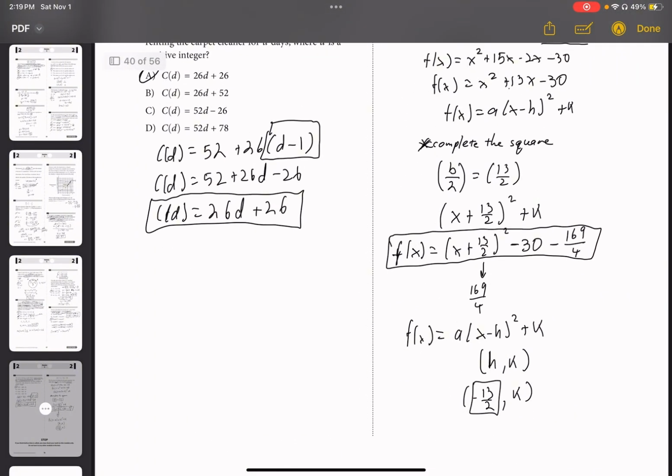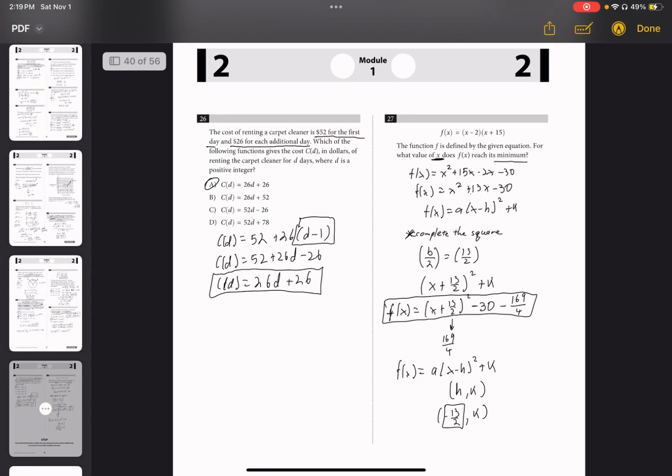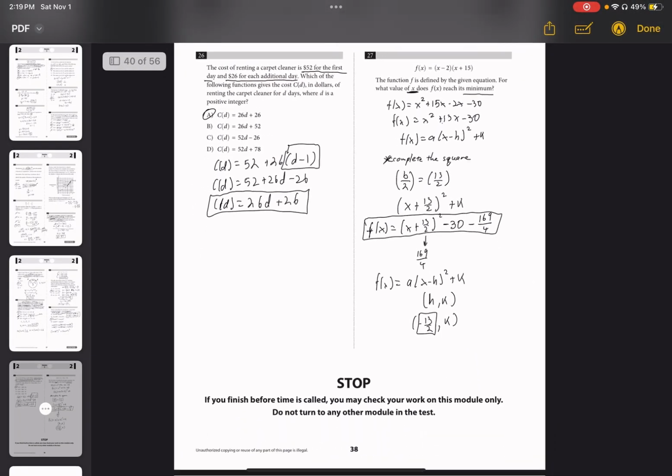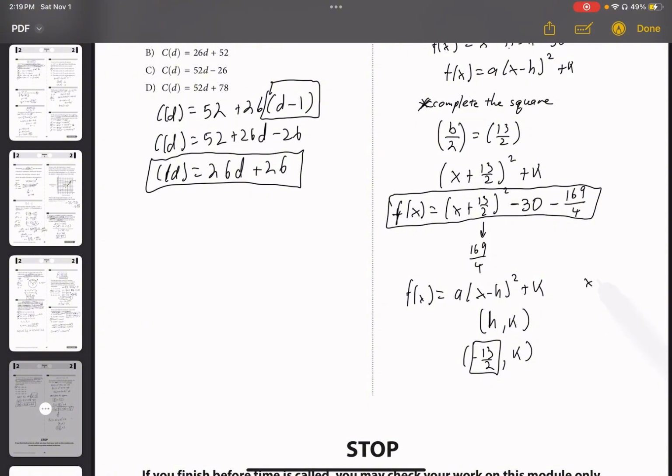If this process seemed a little tedious or you lost track on any part of it, you can take the shortcut of finding the vertex with the form x is equal to negative b over 2a.